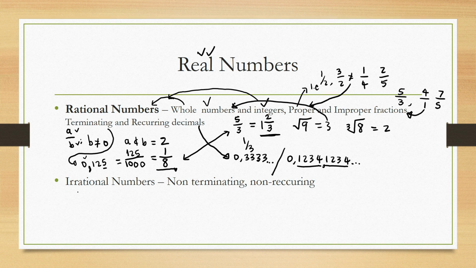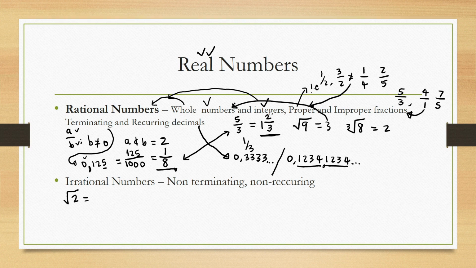For example, a square root of a number that is not a perfect square, so maybe the square root of 2. If you punch it in your calculator, I've got my calculator next to me, the square root of 2 is 1.414213 all the way across.